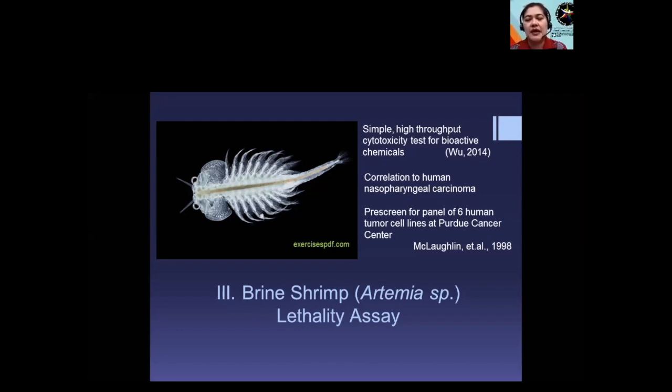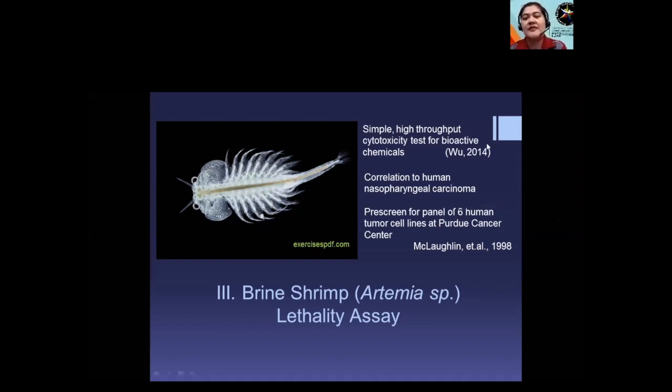In addition to that, kaya din po niyang mabuhay sa potassium permanganate at saka silver nitrate. Ganon po katibay si brine shrimp, which is why they usually make use of the brine shrimp to indicate if there would be substances that are poisonous. Kaya ito po ginagamit sa mga toxicology studies, si brine shrimp lethality assay, BSLA.